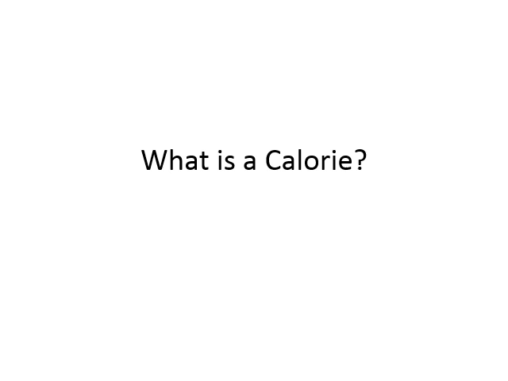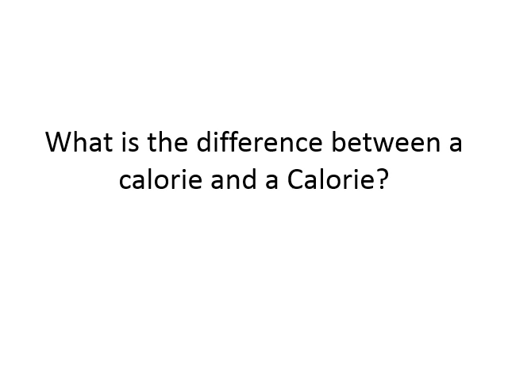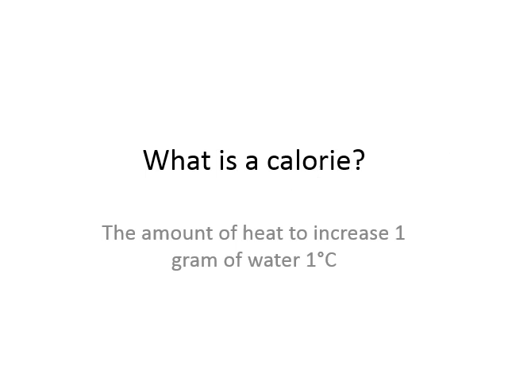So we're going to switch gears a little bit, talking about how we quantify this energy. The first question we have to ask is, what is a calorie? The real question is, what's the difference between a calorie, with a small c, and a Calorie, capital C? So what is a calorie, small c?